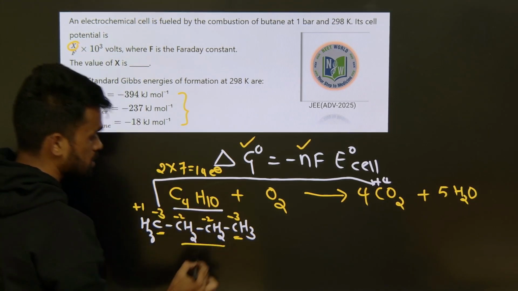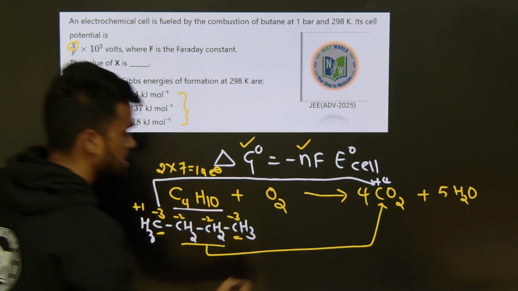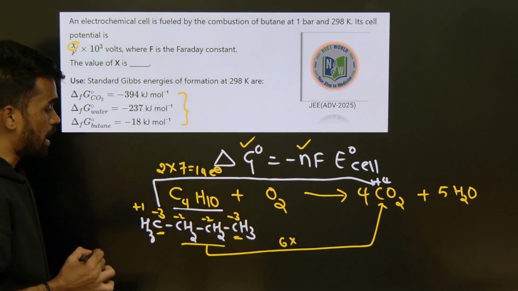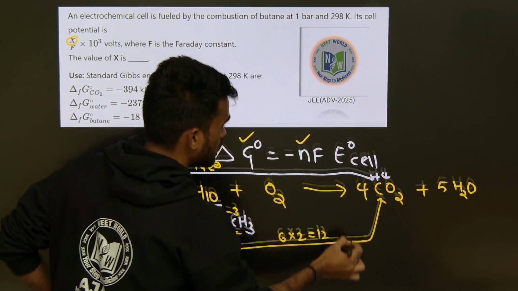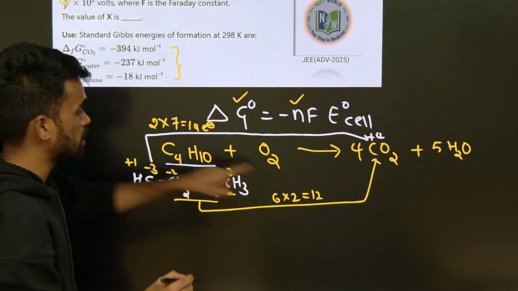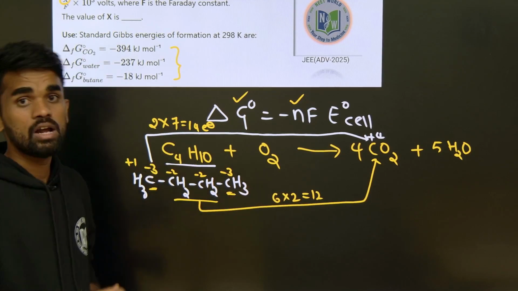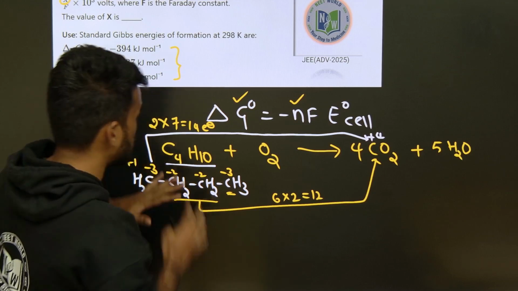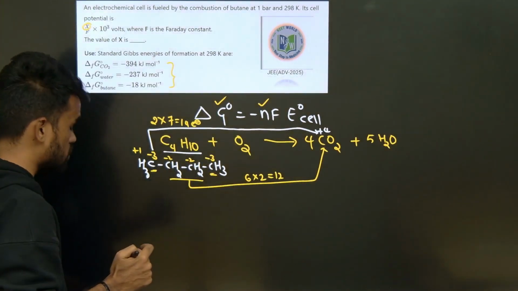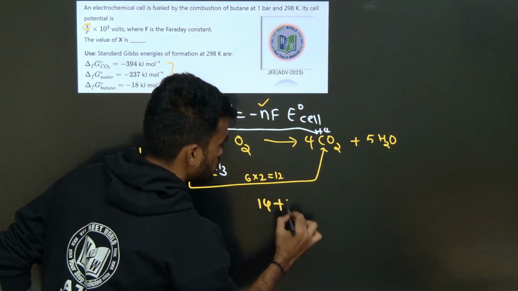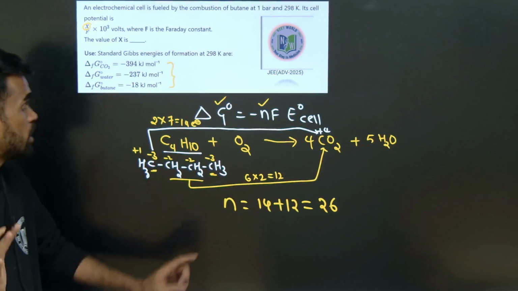For the other 2 carbons, -2 is converting into +4, which means 6 electrons are participating, and with 2 carbons, 12 electrons. So totally for the 4 carbons, 14 plus 12, the total N value is 26 electrons participating in this combustion, this oxidation process. Hope it is clear how we got this N value.